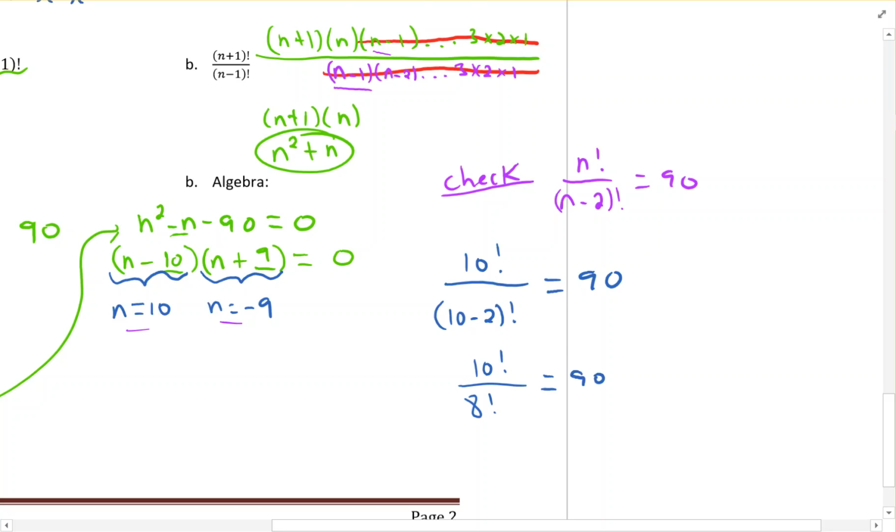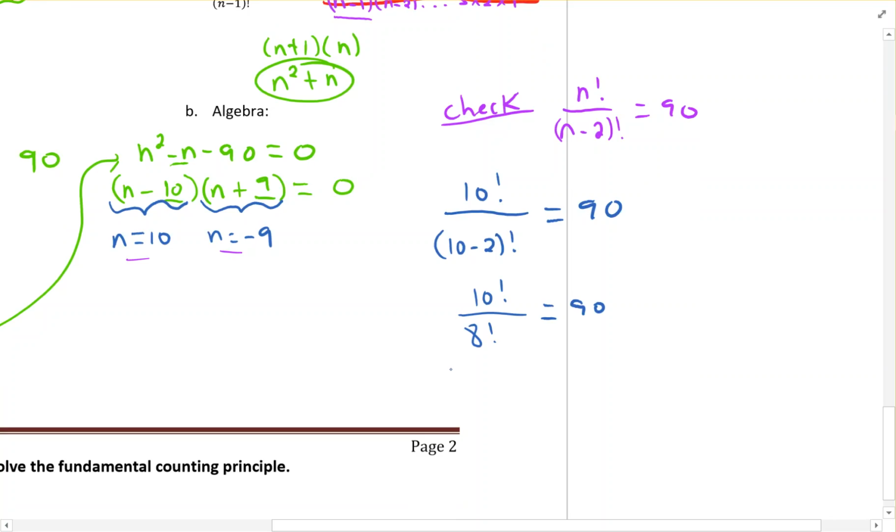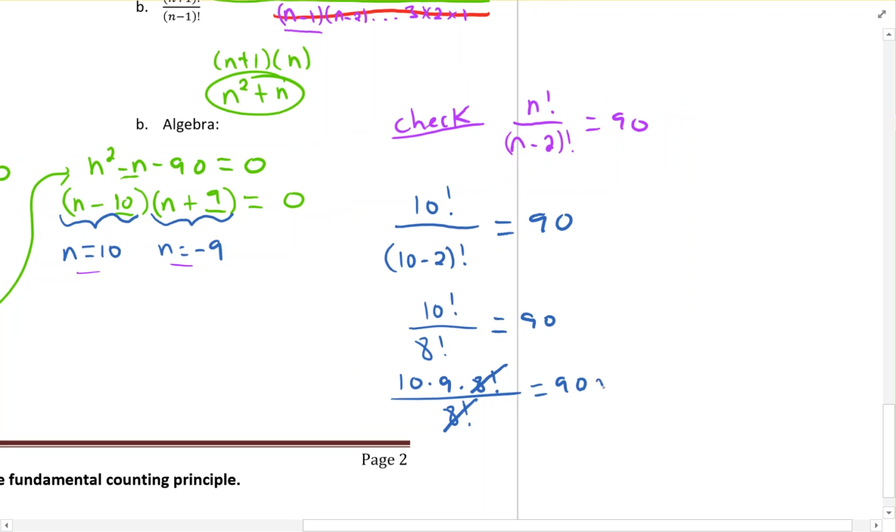I'm going to write this out just a little bit different again. This 10 factorial, I'm going to write this out as 10 times 9 times 8 factorial. And then that's all going to be over 8 factorial, and that's equal to 90. And you can see now, if I cross out 8 factorial with 8 factorial, I'm left with 10 times 9 is equal to 90. That's true.